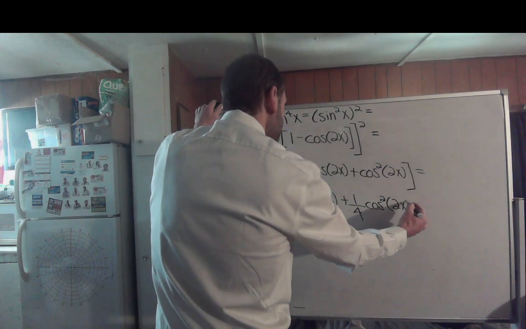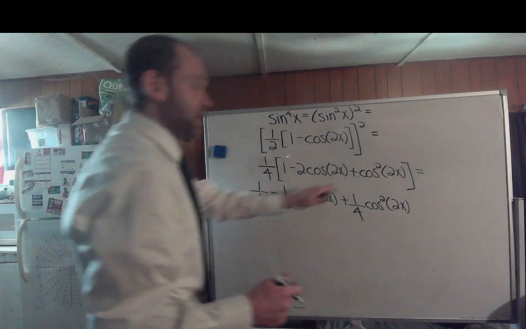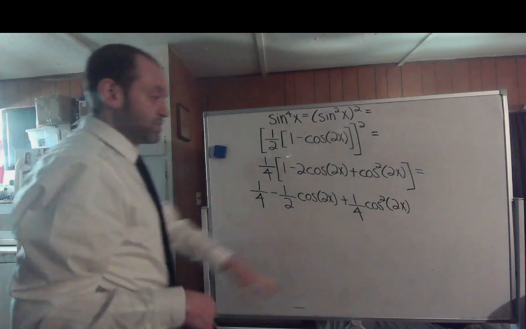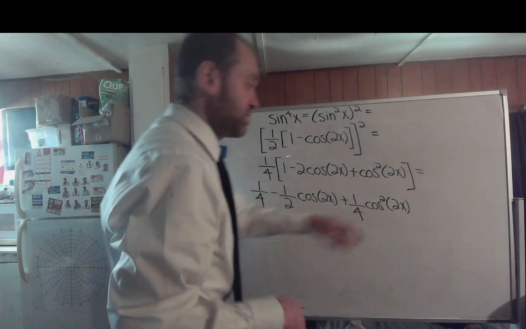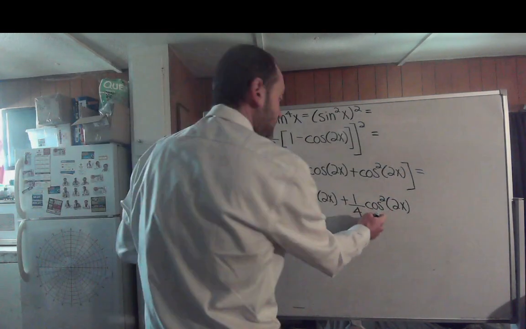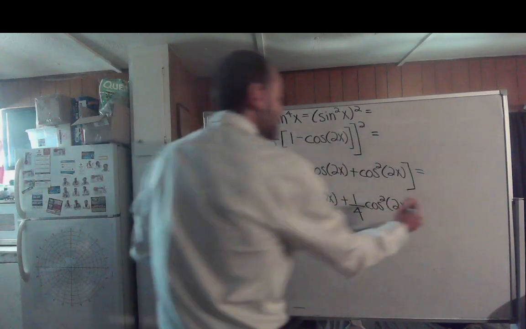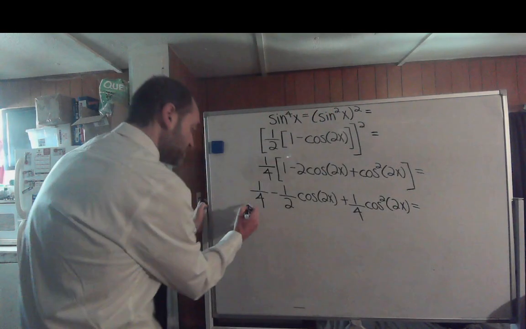Well, we still want to get this into terms of cosine to the first power. So this portion here, a fourth of the cosine squared of 2x, we have to apply the power reducing formula yet again. So let's go ahead and do that.